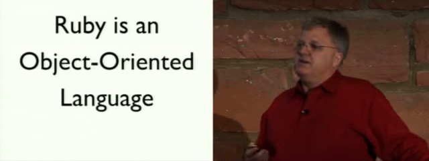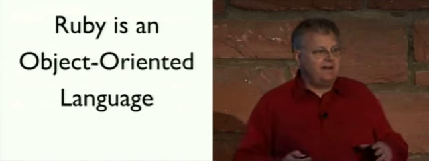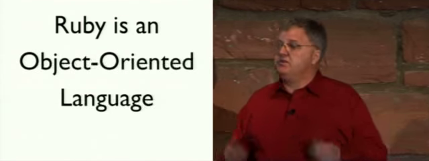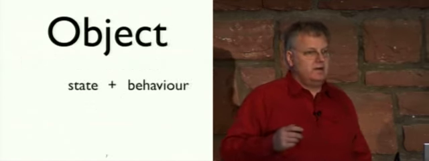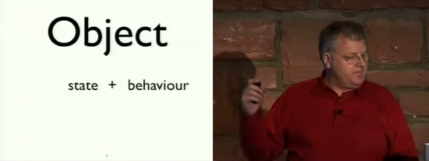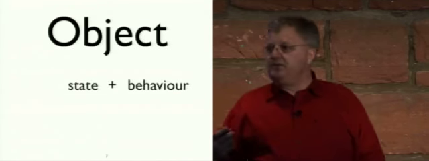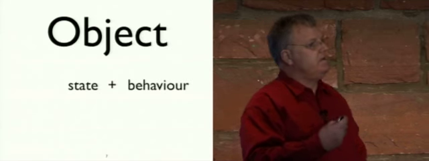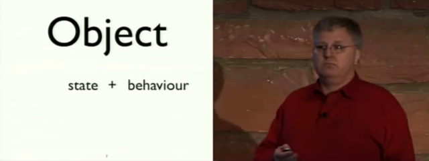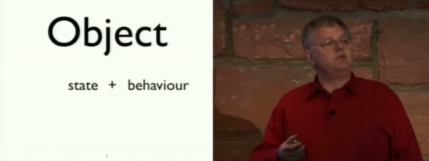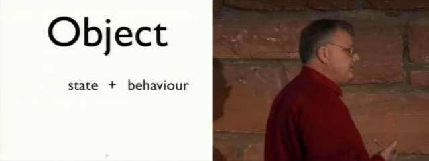Now, one of the things that I did was I went through and read the source code to try and find out what was going on. How did Ruby actually do this? And it is helpful in a way, in that if you look at the source code, you can see that what Ruby does for objects is it emulates this idea that an object is state and behavior. And if you look at the implementation of this thing called RObject, you'll be able to find the state and the behavior.